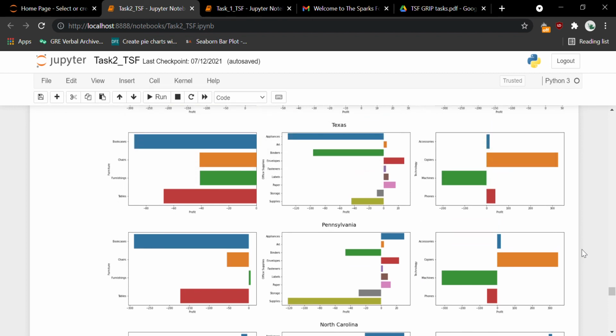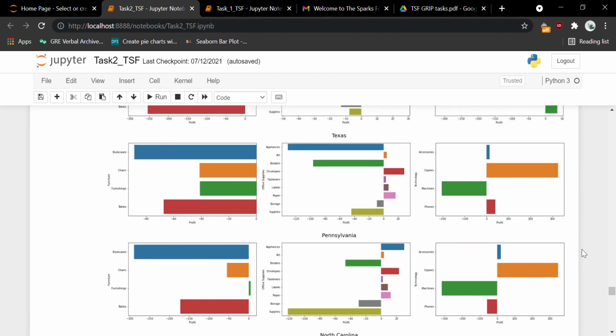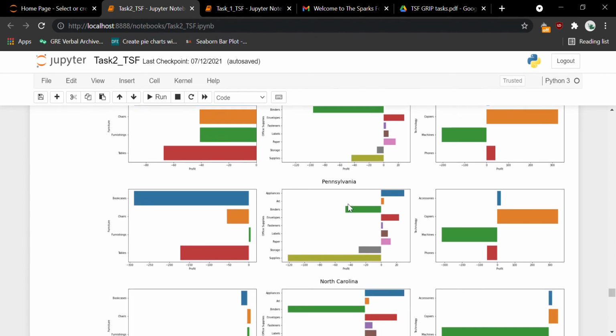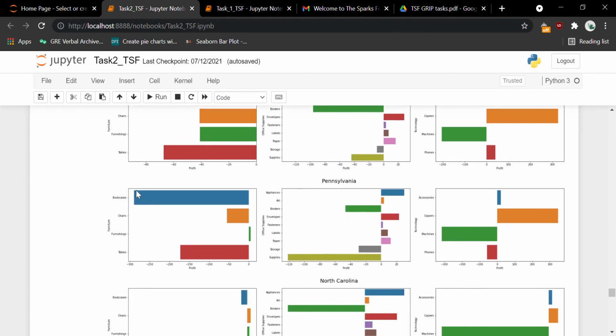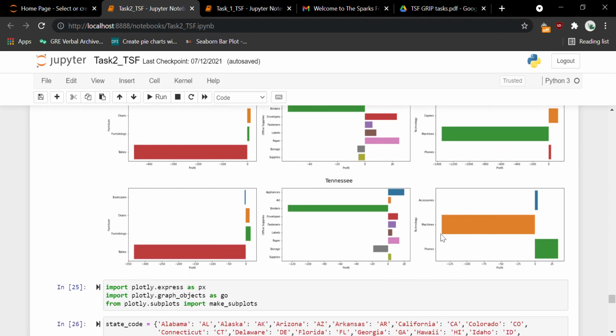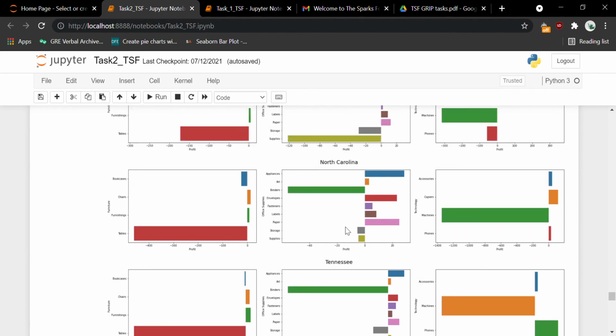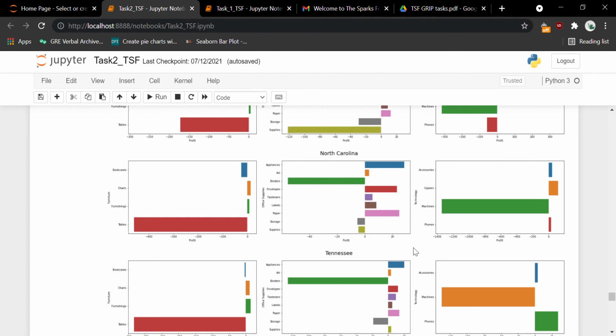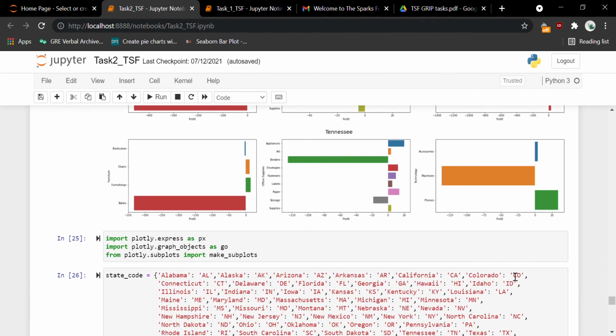These are high loss producing states, and we see the bookcases, appliances, supplies, bookcases, tables, binders, and machines and tables are also high loss producing commodity. So we could figure out what exactly is going wrong there.